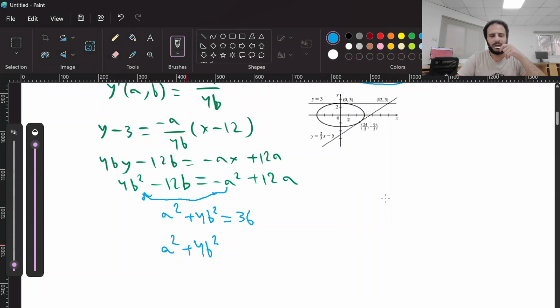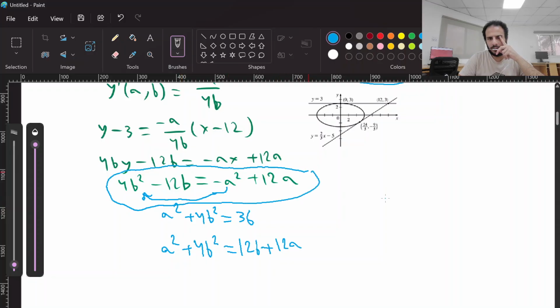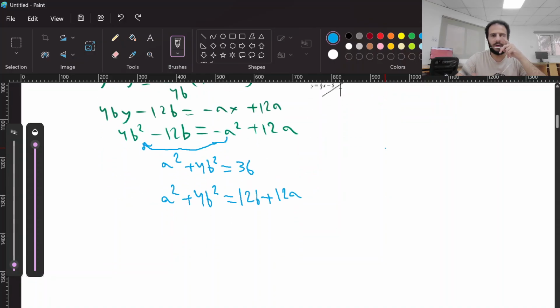So a squared plus 4b squared equals 12b plus 12a. In this equation, move minus a squared to the left and move minus 12b to the right, okay? Do you have questions? Let's continue.